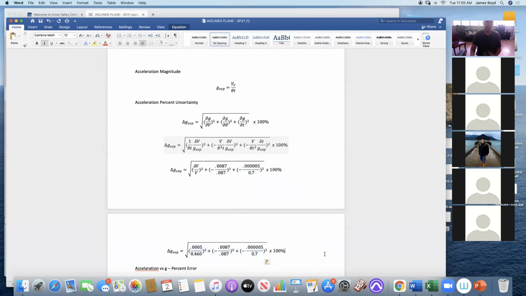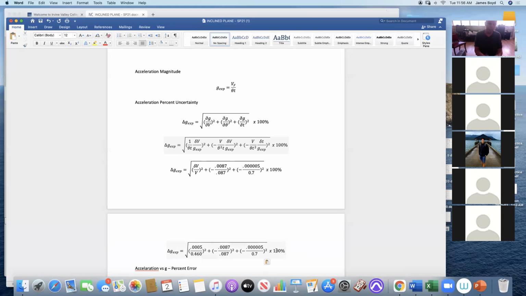Paste, and then doing this, I can see that I get 0.0005 divided by 0.460 times itself. I get 1.18 times 10 to the minus 6. 0.0087 divided by 0.087, I get 0.1 times 0.1, I get 0.01.